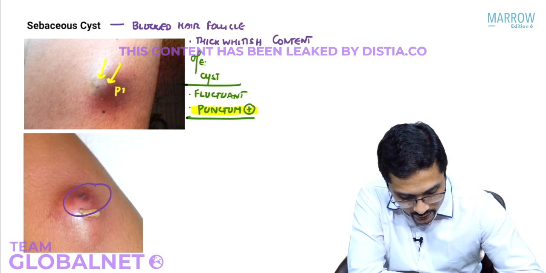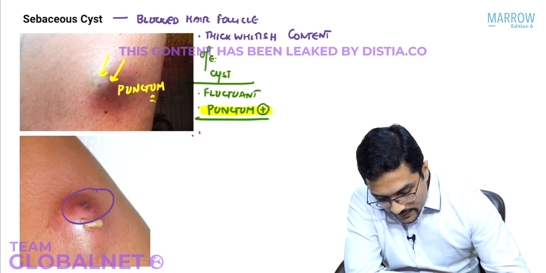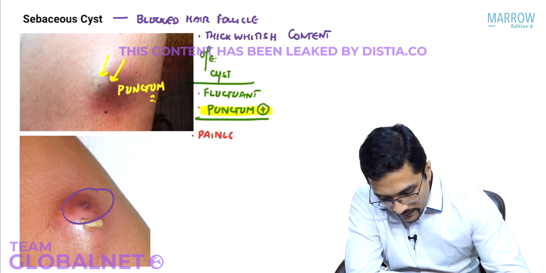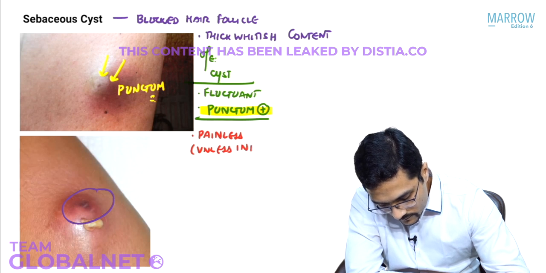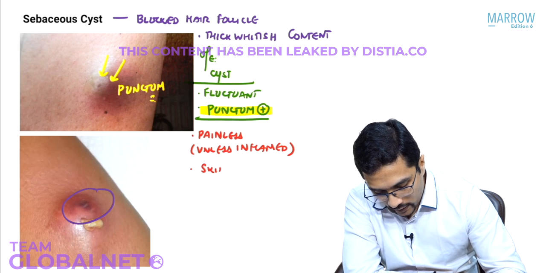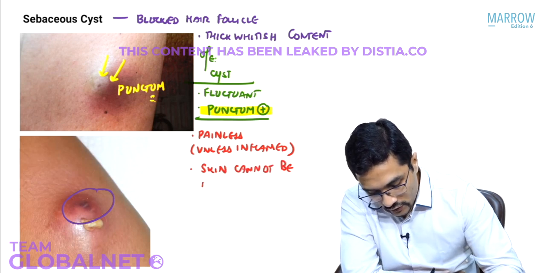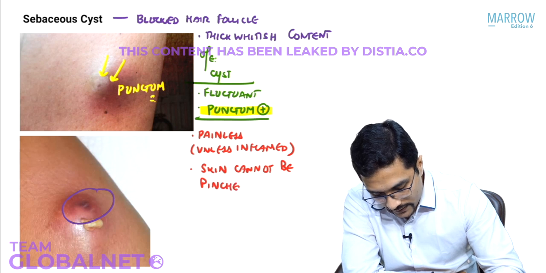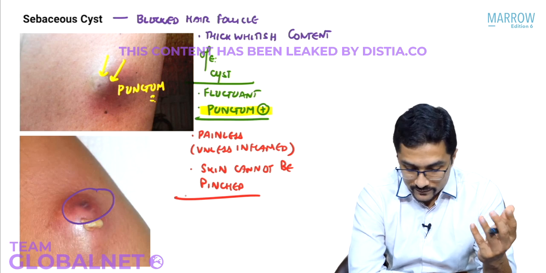This is the punctum which is present. Now, sebaceous cysts are usually painless unless they are inflamed. And skin cannot be pinched. Skin cannot be pinched because it is arising from the skin only. You cannot pinch the skin overlying the swelling.